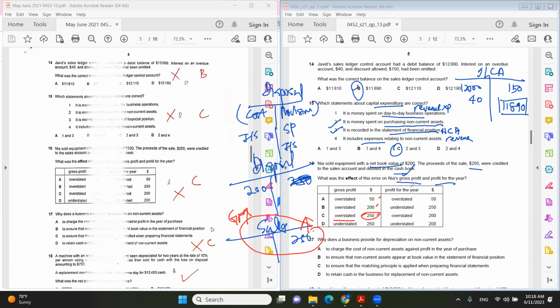Okay. Next is the profit for the year. Profit for the year is when gross profit is overstated. Gross profit overstated, profit will be overstated by this amount for the sales. But at the same time, for this account, the difference is 200. We will write into the income statement in here 200. Okay. Get it?